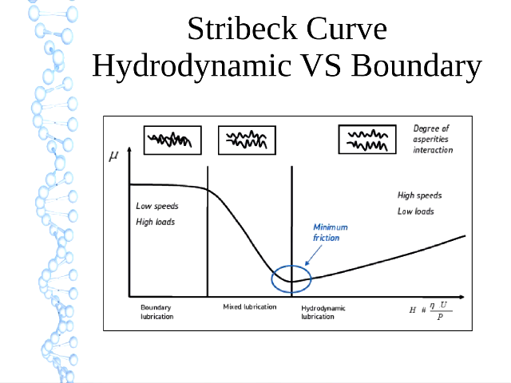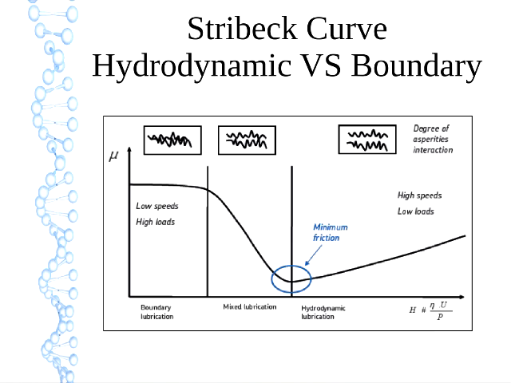And at low speeds and high loads, you'll have boundary lubrication, where the surfaces are touching. And interestingly, on the figure we have on this slide is the Stribeck curve. And it shows the transition from hydrodynamic to boundary lubrication.